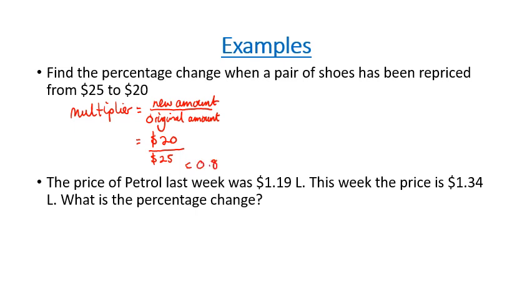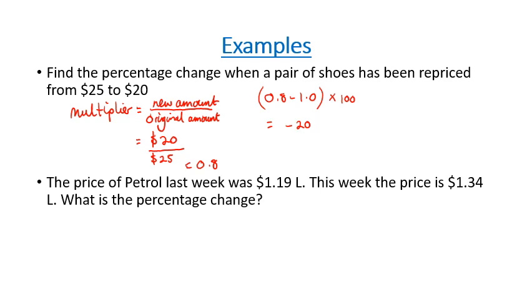Now, as I said in the previous part of the video, all we need to do now is take 1 from the multiplier. So 0.8, we need to minus 1.0, and then we're going to times that by 100. So this is essentially going to give us negative 20. The reason is that 0.8 take 1.0 gives me negative 0.2, and I'm going to times that by 100.